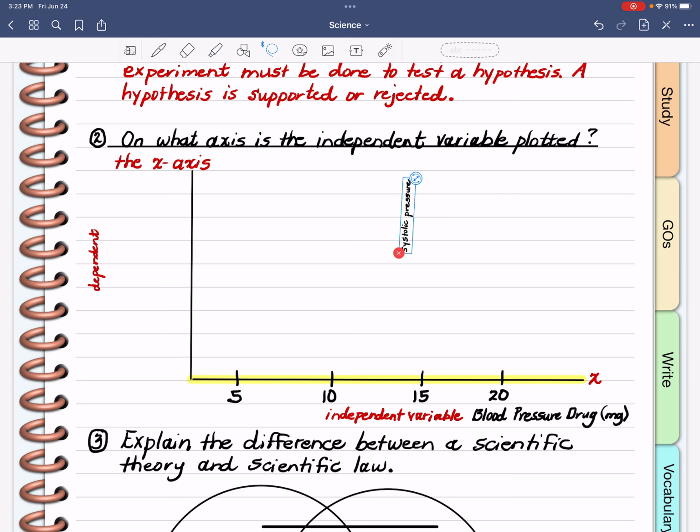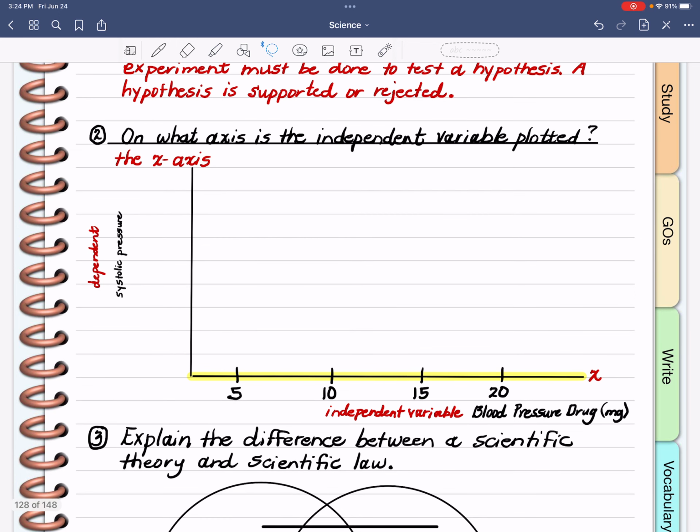I'm sorry, it's not a bar graph, it's a line graph, and that's coming up soon, I believe in our next chapter or maybe the next one. So, systolic pressure. I'm going to put some tick marks up through here on the dependent variable, because we're going to monitor Sam's blood pressure at each of these dosages of medication.